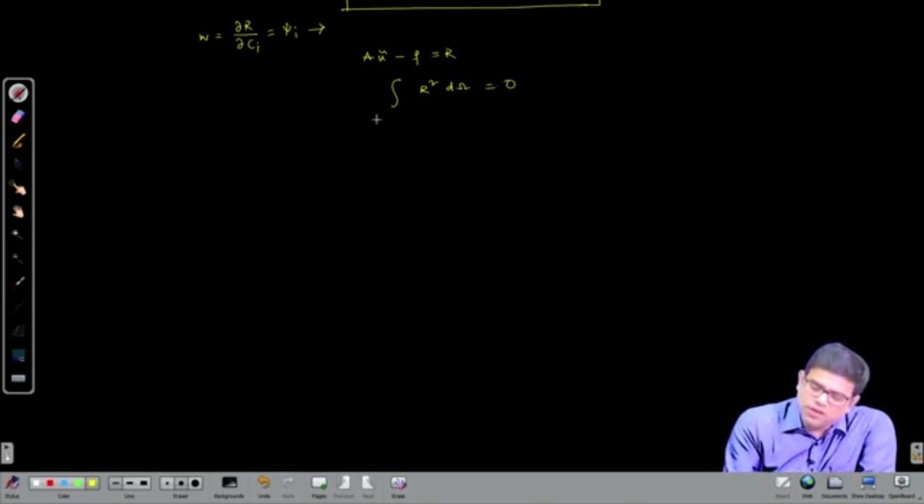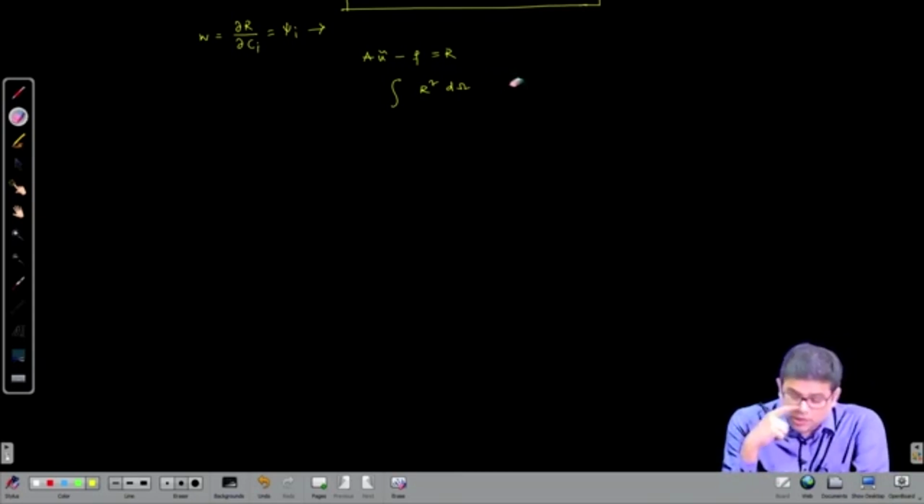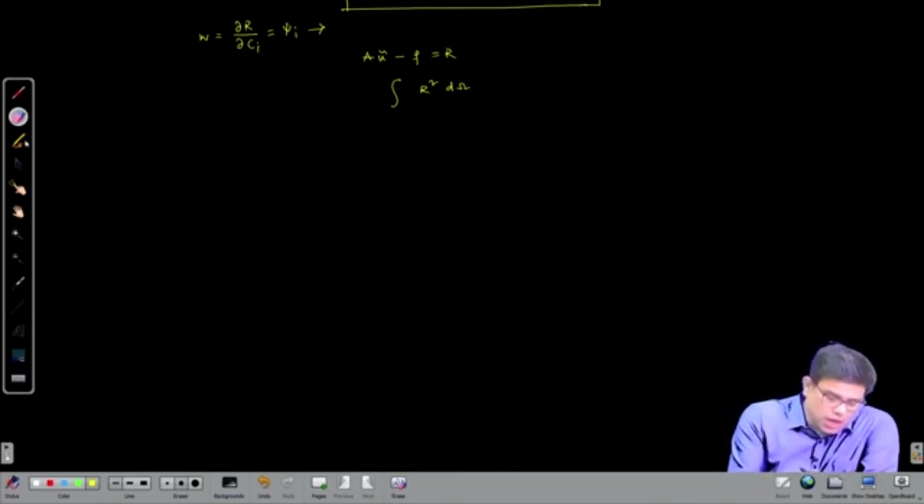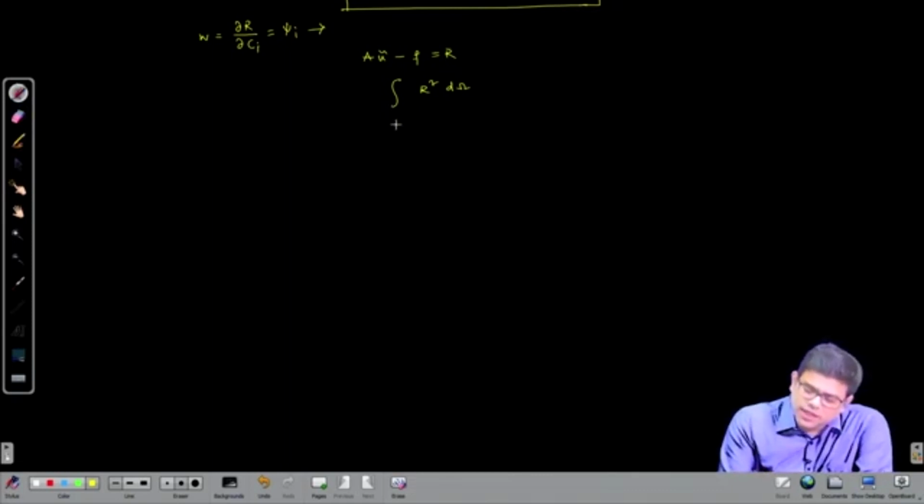So this quantity I just want to minimize. So now to minimize this quantity, what I do is the integral of del R by del Ci into R. This is the differentiation. So this quantity I make 0. So this is the normal equation.